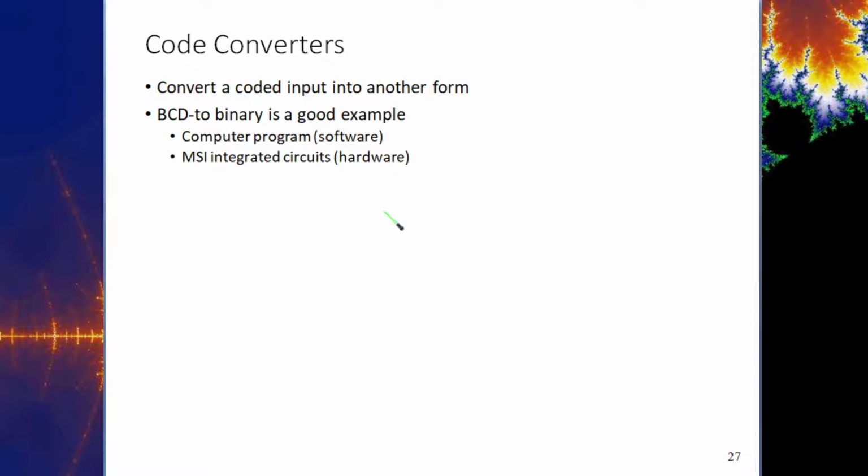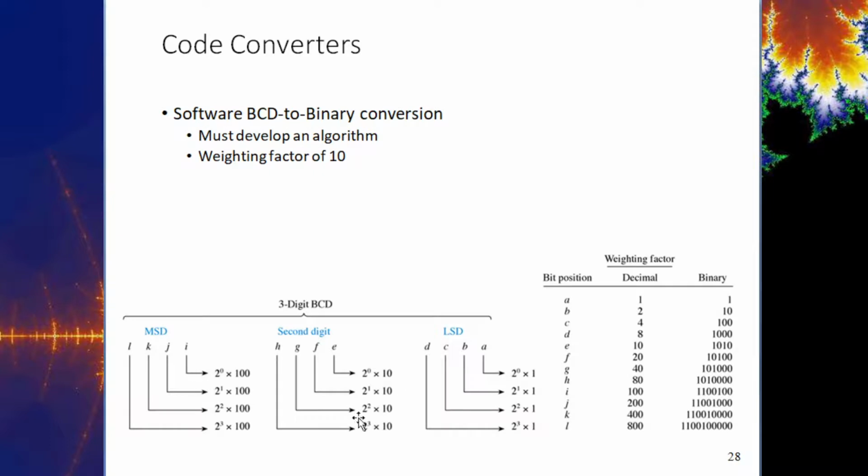So we have a chip, or multiple chips, that will convert from one number system to another, and that's all it's doing. It's converting a coded input into some other form, whatever it is. Here's a 3-digit BCD, converting that, weighting each one and converting it into binary. Again, that's just working through the chapter 1 stuff that was covered a long time ago.